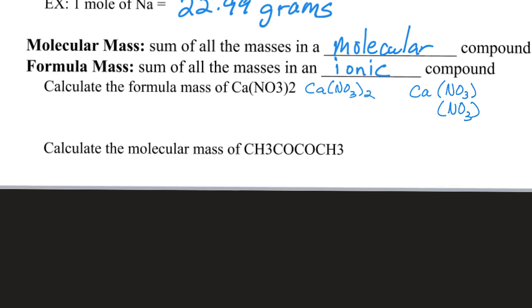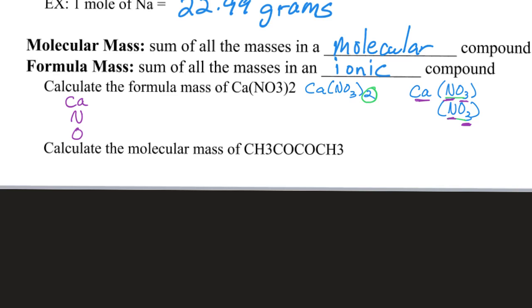So this 2 is telling us I have 2 of the NO3. So when I'm totaling up the elements in this formula, I can write them out. I've got calcium right here. I've got nitrogen right here and right here. And I have oxygen. I've got 3 of them here and 3 of them here.